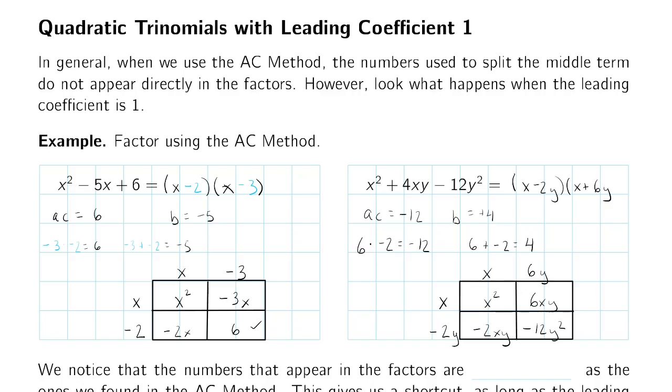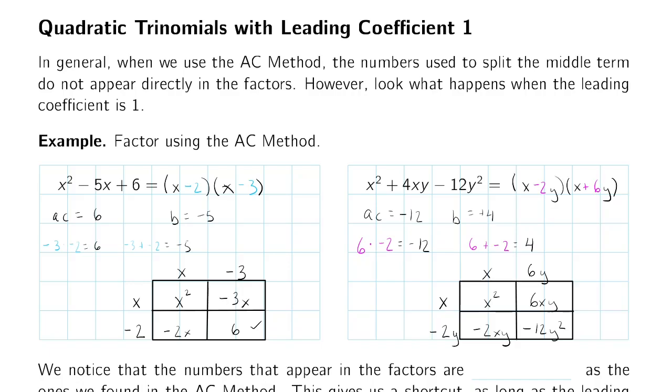And again, what we see is that the two numbers we found in the AC method, positive 6 and negative 2 in this case, are the same two numbers that appeared in our factors. This is going to happen whenever the leading coefficient is 1.